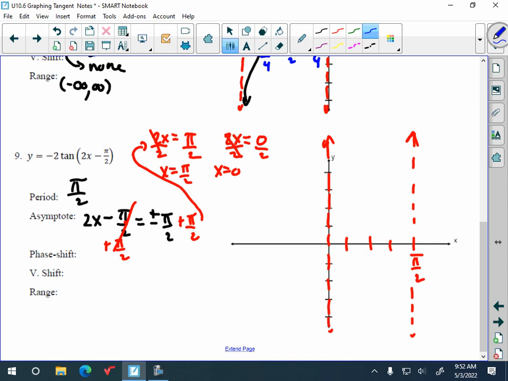So you have to do C over B. C is pi over 2. We're going to divide that by the B value, which is 2 over 1, which is pi over 2 times the reciprocal, which is pi over 4. So it's shifting pi over 4 to the right. That's what this did.